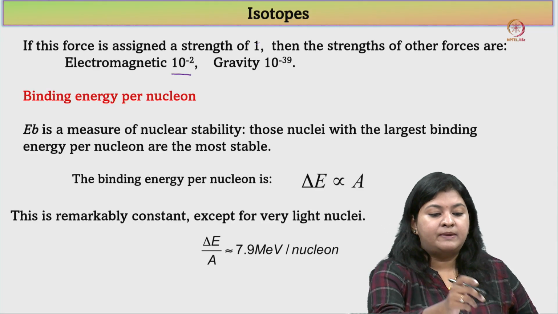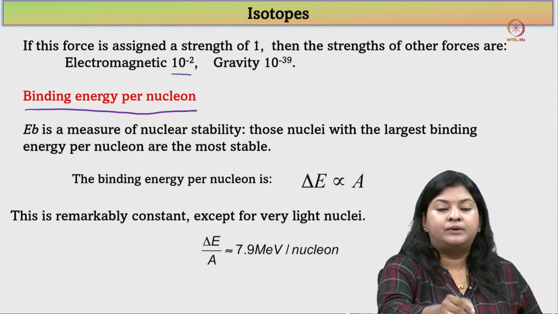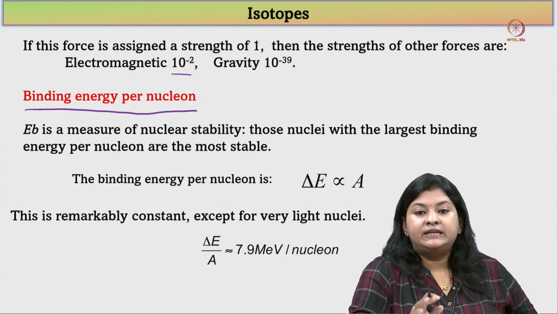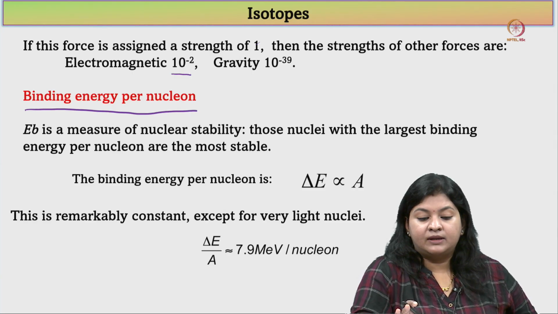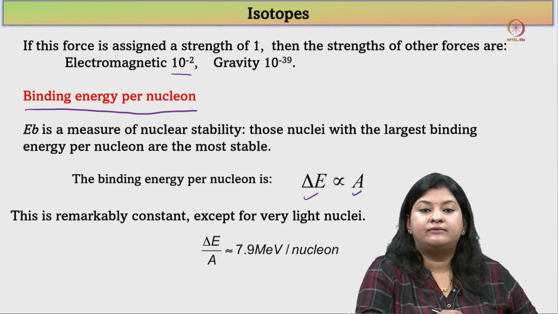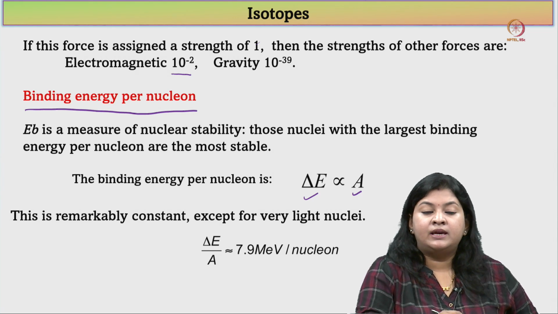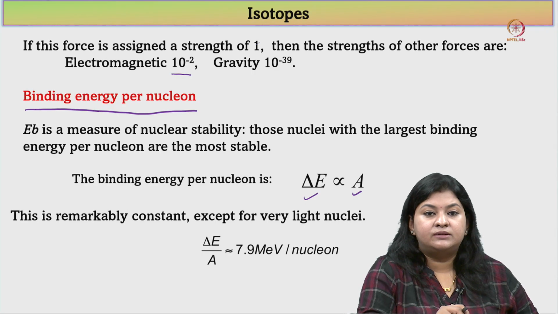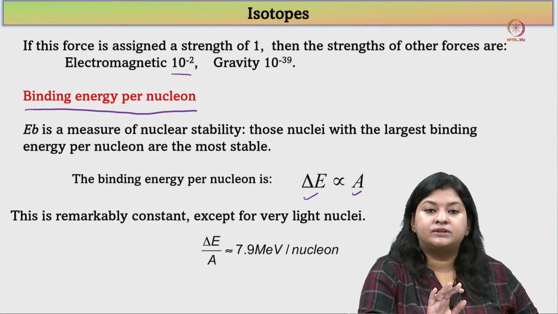Again, this binding energy per nucleon is a very important factor in keeping the nucleus stable, and it is sometimes directly proportional to the number of nucleons itself. So, EB is a measure of nucleus stability, and those nuclei with the largest binding energy will be the most stable.